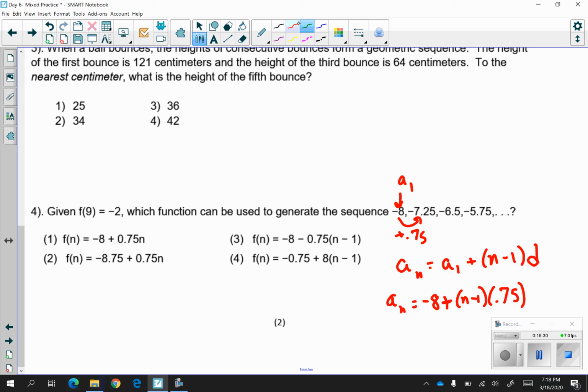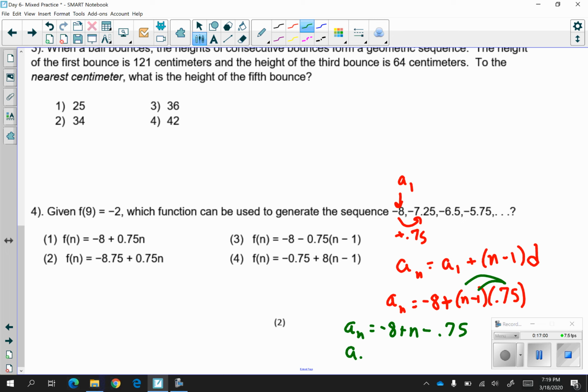Now, clearly that's not there, so you do have to simplify a little bit. And as you simplify, you're going to get a sub n is equal to -8 plus n minus 0.75.